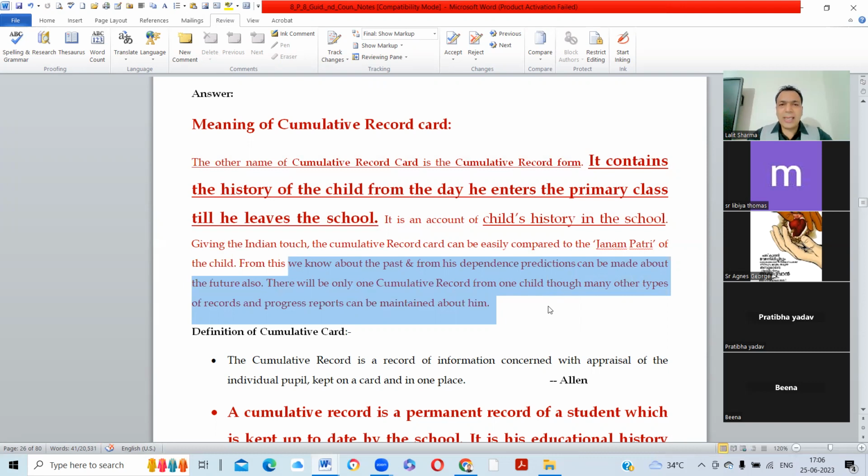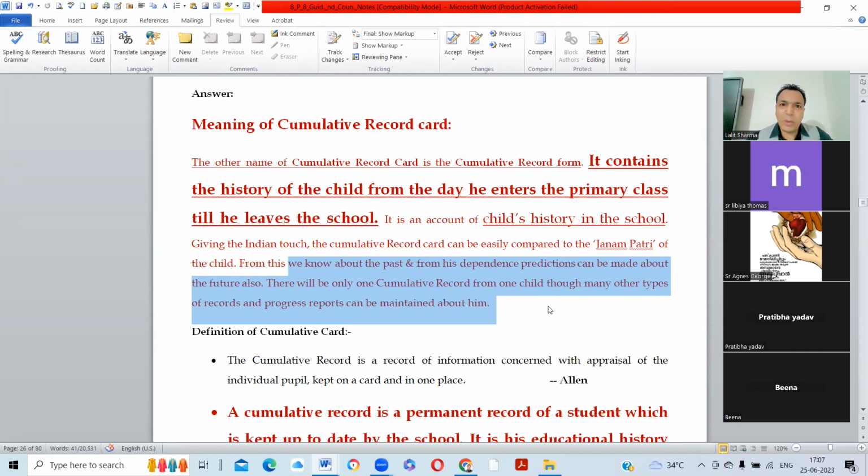So guys, क्या होता है, cumulative record is such a kind of record started when the student enters the school on the very first day. Okay, good schools, renowned schools, they prepare the cumulative record until he leaves the school. Because suppose a student has been promoted to the 7th or 8th class, and some of the students are not performing well.